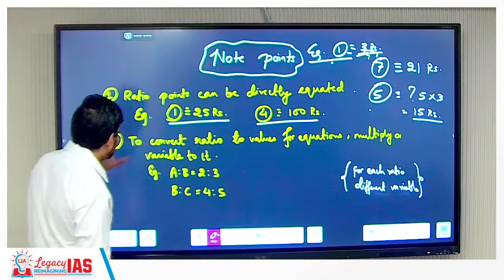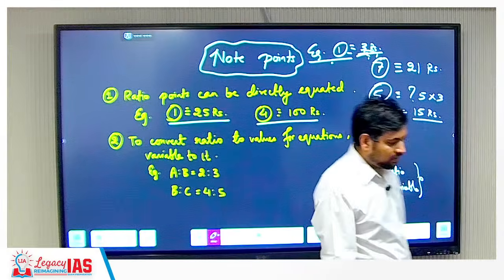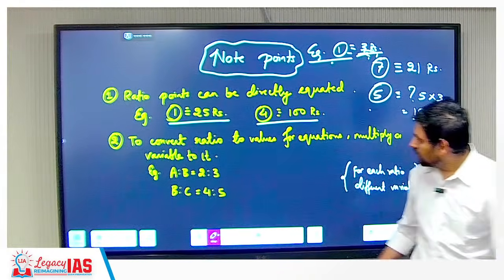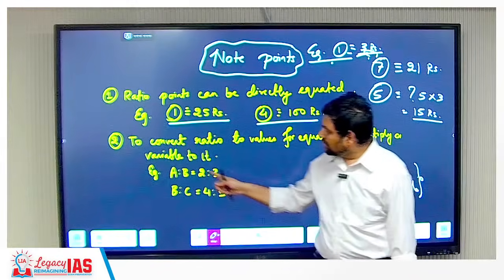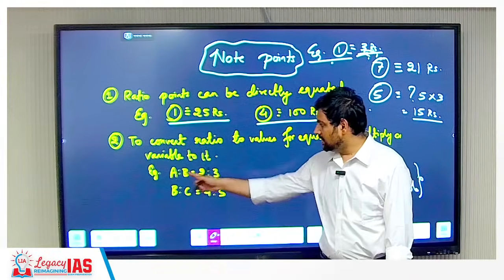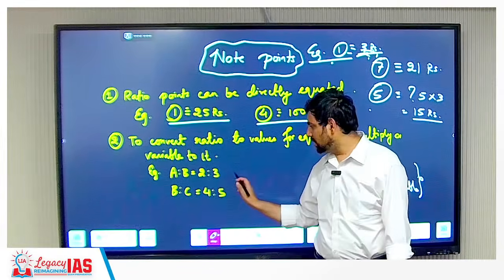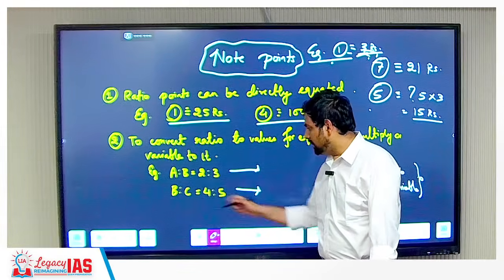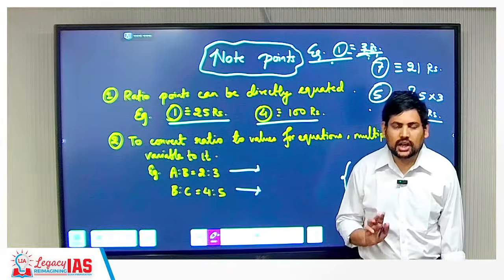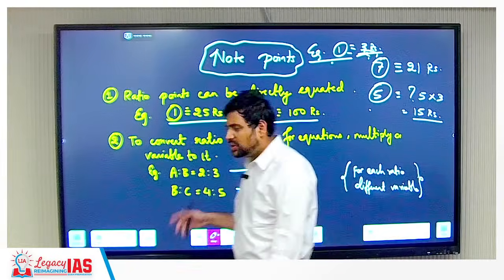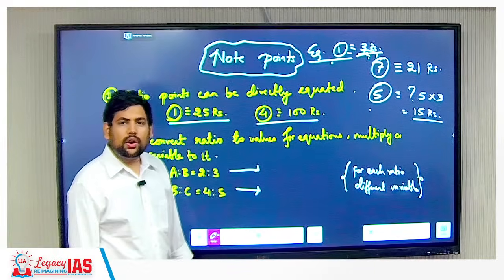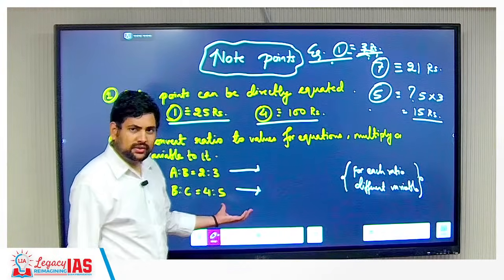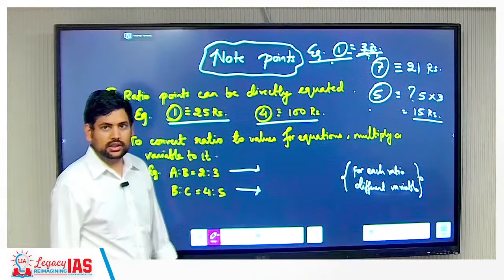Then the second thing: to convert ratios to values for equations, multiply a variable to it. For example, it is given A ratio B is 2 ratio 3 and B ratio C is 4 ratio 5. If I have to assume the value of A and the value of B, always remember, I must add one variable to it.